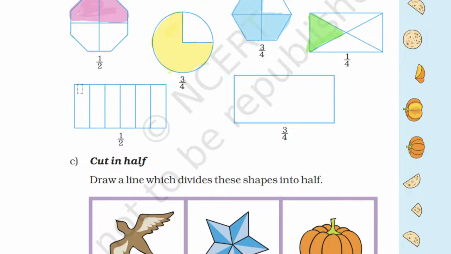So you have to color 3 of the parts to make this half. Okay. The next one you have to do by yourself. This is 3/4. So divide and do it with 3/4. This one is for your practice.